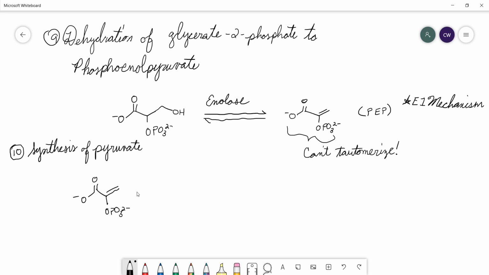There's our PEP. And we need a phosphate acceptor. That would be our friend ADP. In the presence of magnesium ions, we can kick out ATP. And then we're left with enol pyruvate.